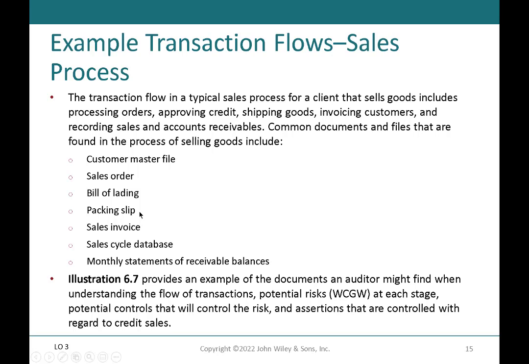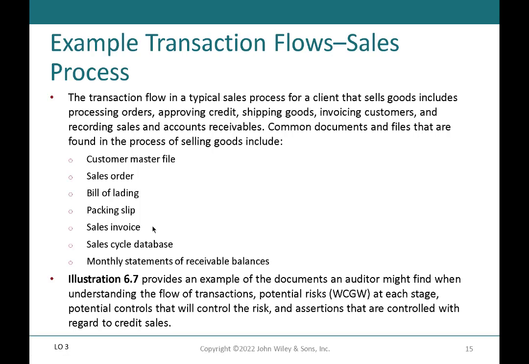And the packing slip is prepared on the end of our client. They're actually putting together this slip to verify that the goods that they are intending to ship are in fact being shipped. So just a double check to make sure that everything they're sending out is actually included in the shipment. The sales invoice, of course, is sent along to the customer for eventual payment.